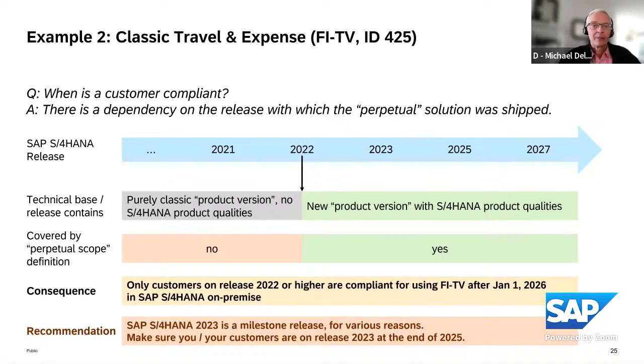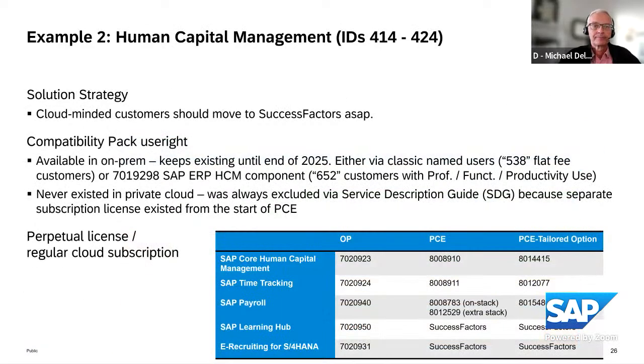Same game, next slide, please, for HCM. The situation here is a little different when you look at the on-prem and PCE situation in parallel. So for on-premise, until release 2022, we had the compatibility pack as use rights or the licensing option.